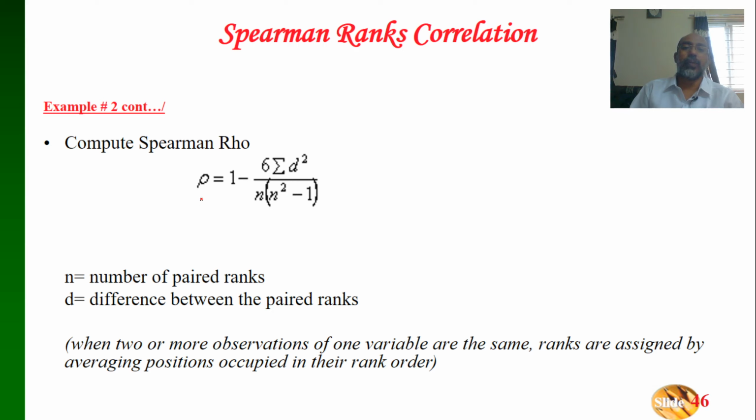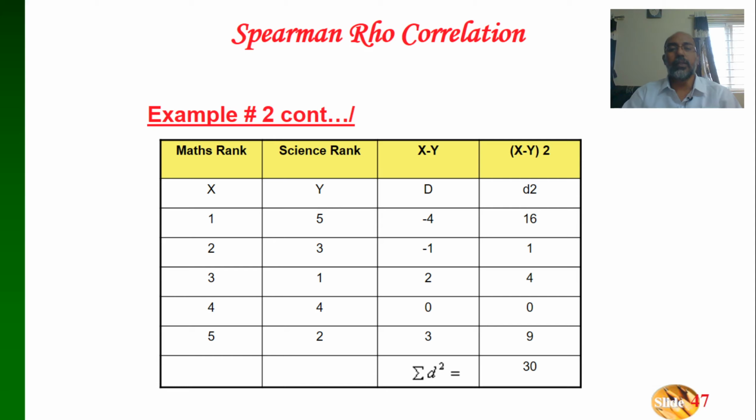Spearman's rank is equal to, as we said, 1 minus 6 sigma d square by n into n square minus 1. So then we'll take the calculation. This is the given data, the ranks of x and ranks of y, and r1 minus r2.